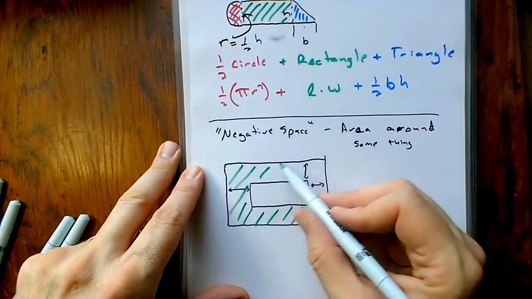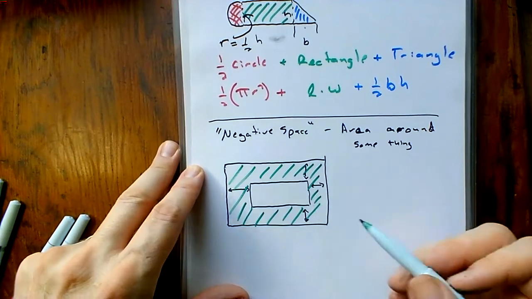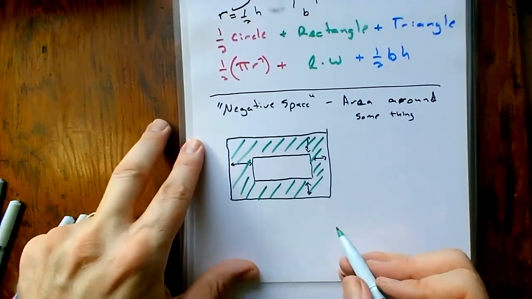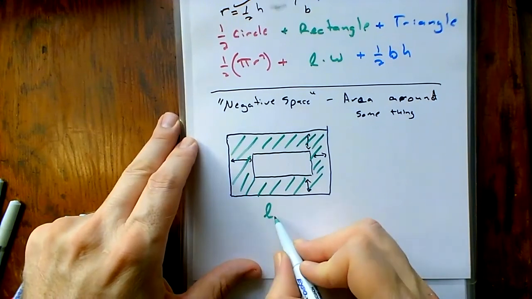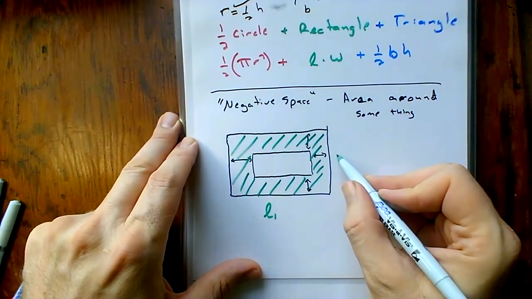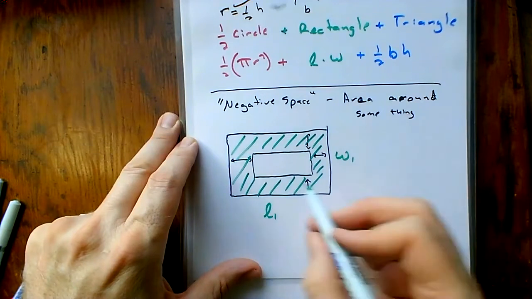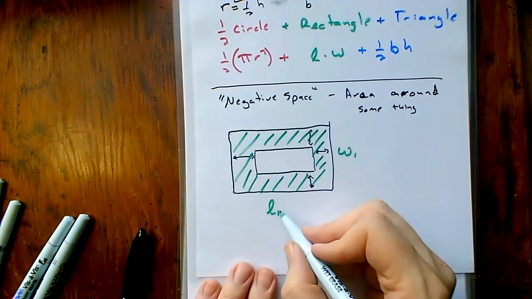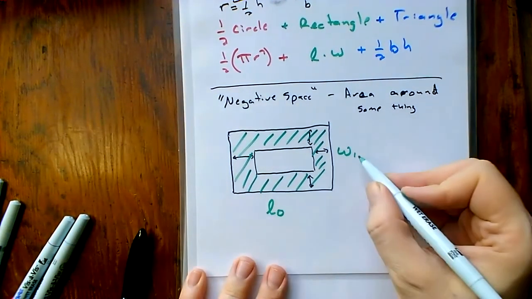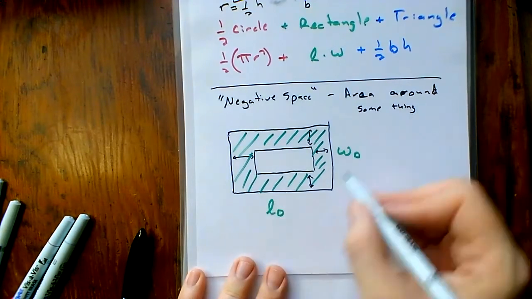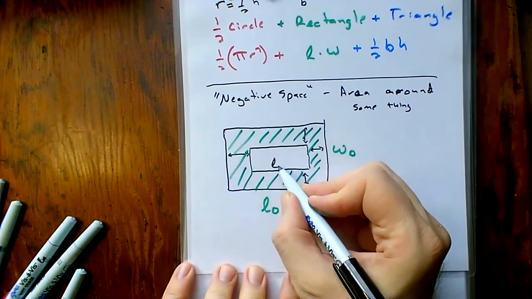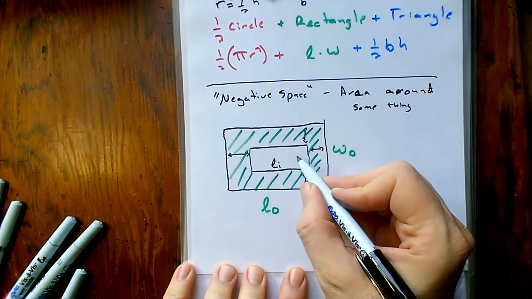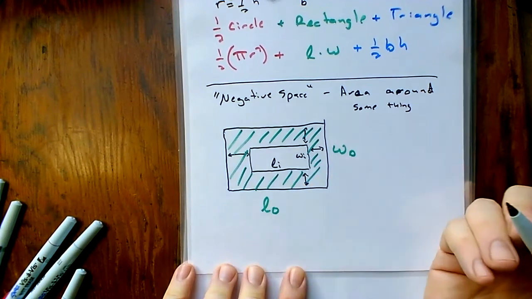if you're only looking for like this area, well, that's still relatively easy to do. You're going to have a length and a width, sort of an outside length and an outside width, and an inside length and an inside width.